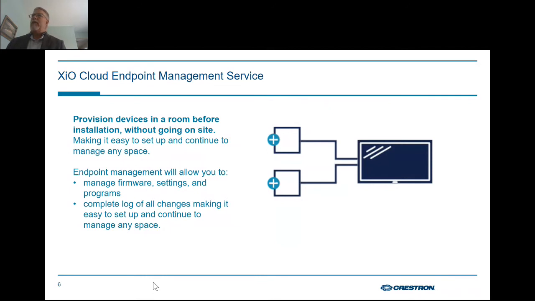Another great thing about the endpoint management is, say you have 30 rooms and you want to change an NVX setting. Pick a setting within that NVX encoder or decoder that you need to change. Through XIO Cloud, you can make those changes, but it logs who made it. So say, Roger, I'm sitting here and I'm like, oh man, I need to make this change, and I make it.